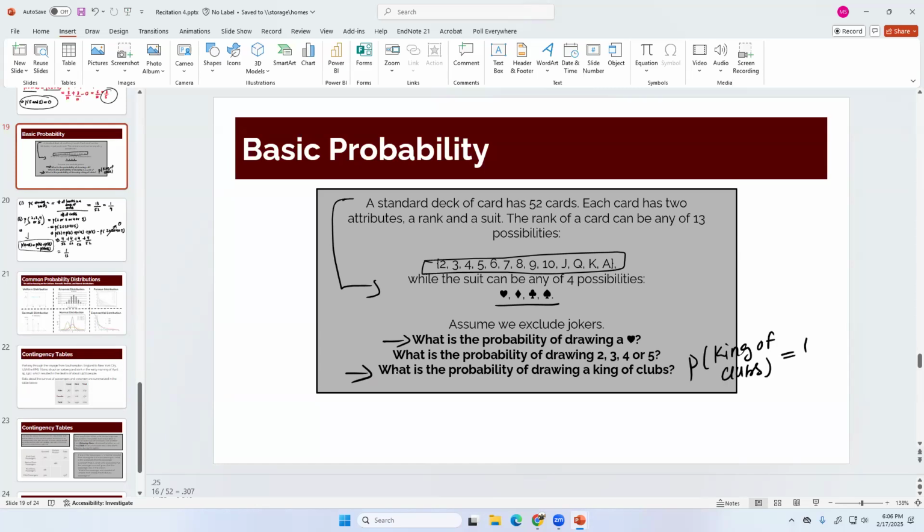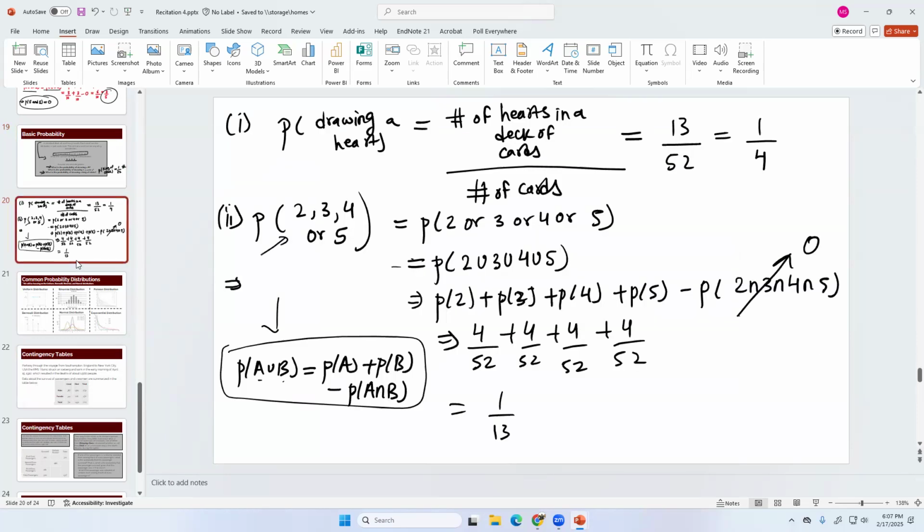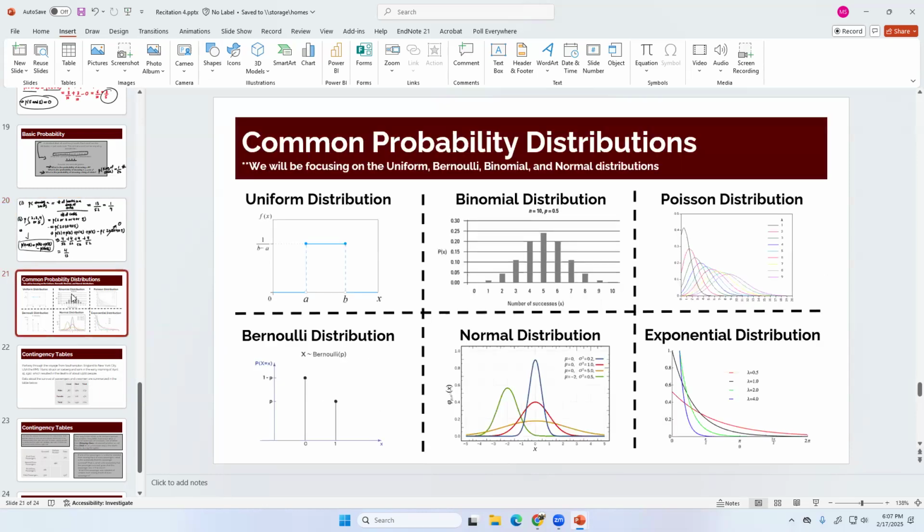Oh, 4 out of 13. Okay. As long as you know how to get to the answer, you guys can use the calculator, right?